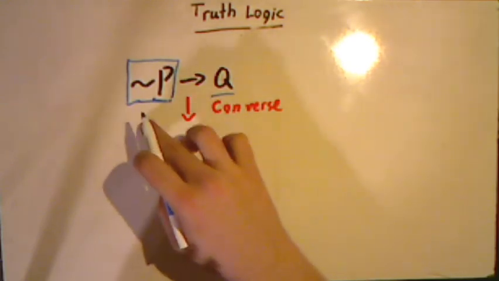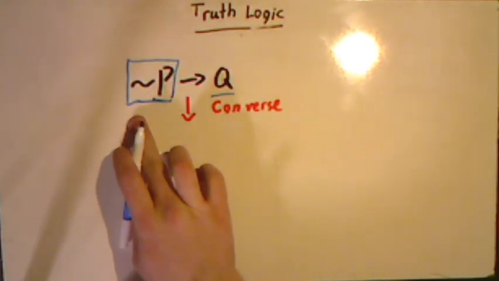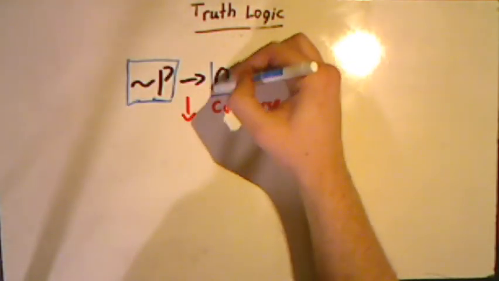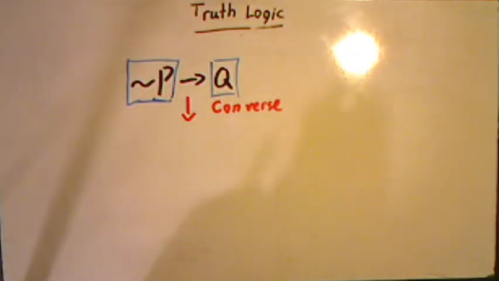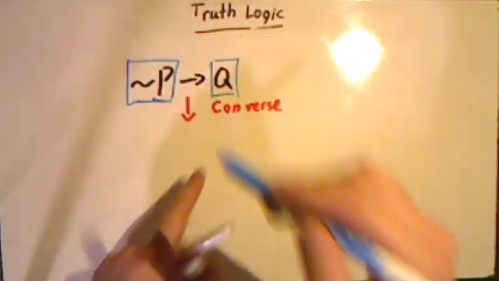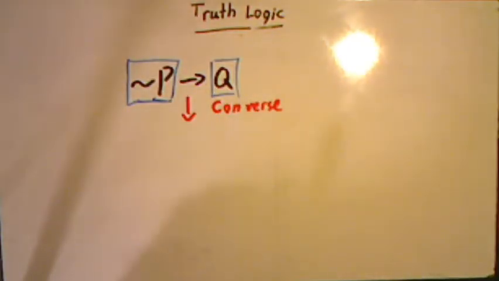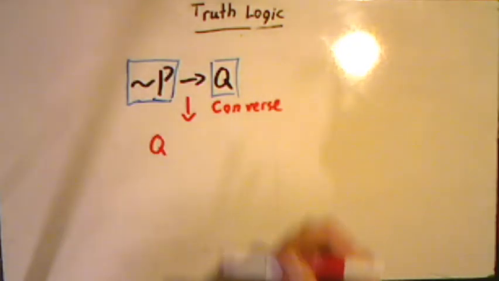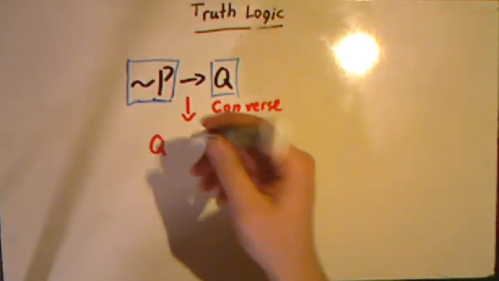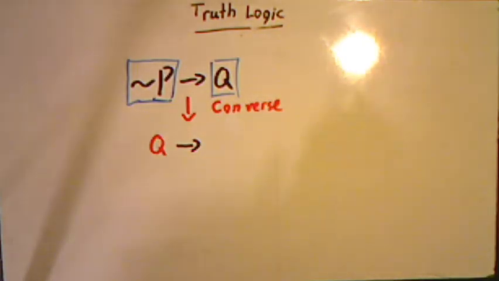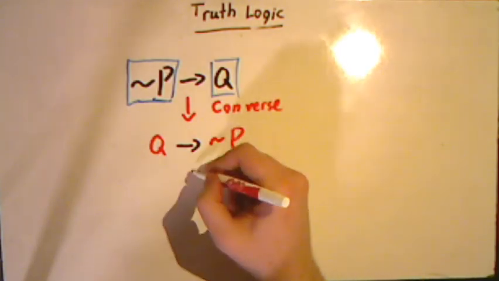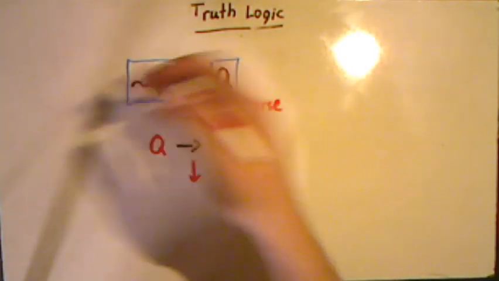You don't leave the negation there and only switch the variable. You take everything along with it. Now with converse, we just switch them over so that on the left we end up with the Q, and on the right we end up with our not P. This was just switching it over.